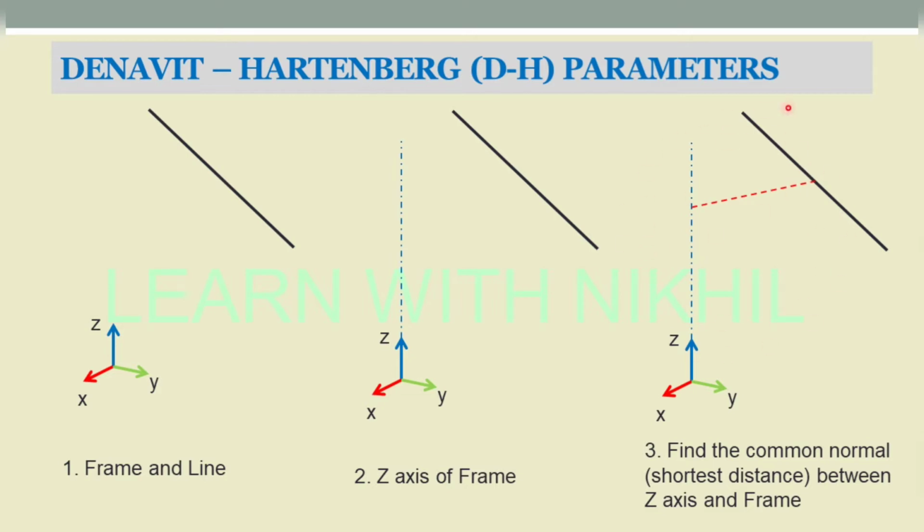As this is in 3D space, here it looks like an angle, but in 3D space it is 90 degrees here and this one is backward, so here also it is 90 degrees. So the common normal is nothing but a 90 degree line between both these lines, perpendicular to both, and this line is called the common normal.